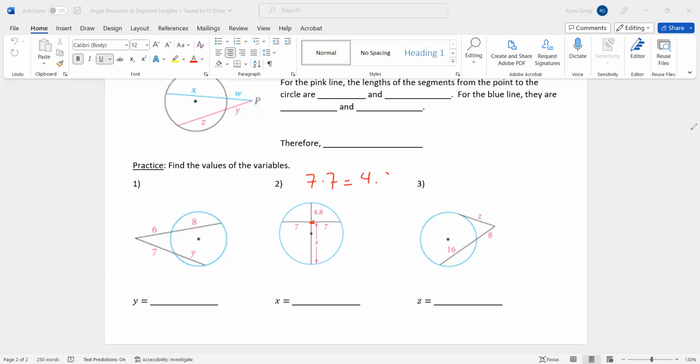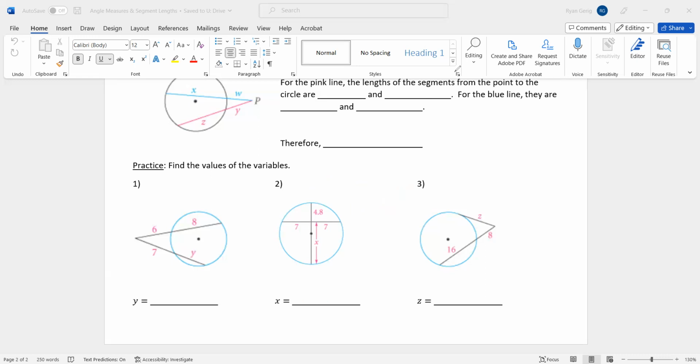So it's 4.8 times x. So you've got 49 equals 4.8x. Divide by 4.8. You get 10.2 roughly. I didn't say what to round it to, so let's go with 10.2. Inside the circle is typically a little easier than outside the circle.